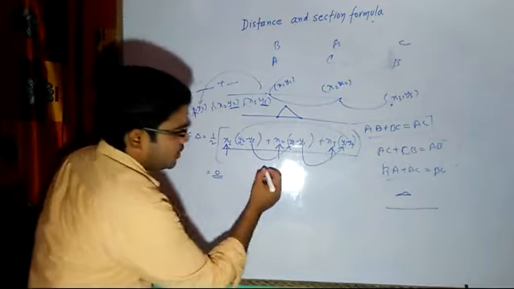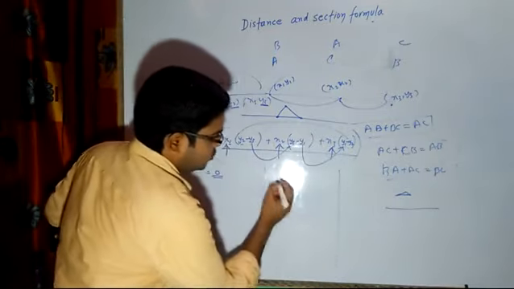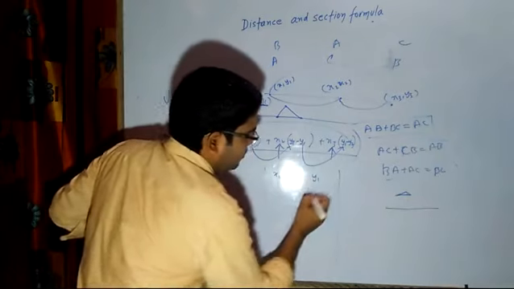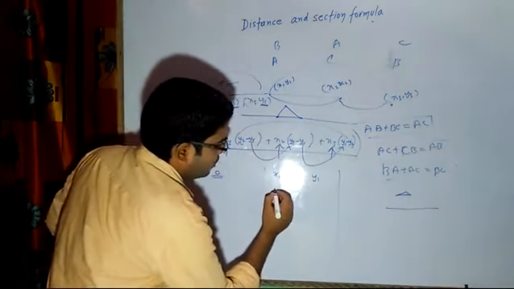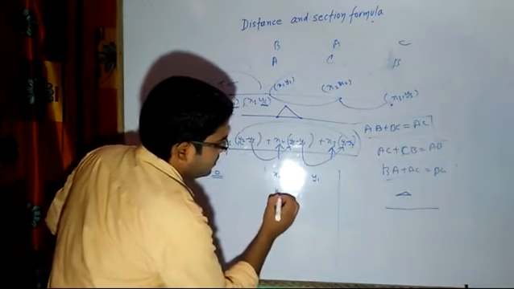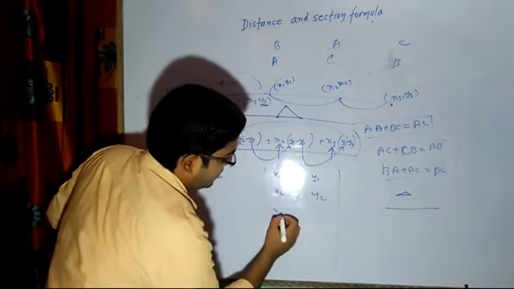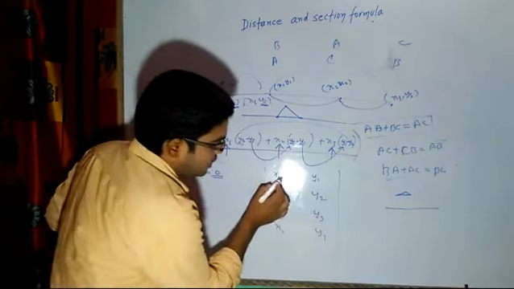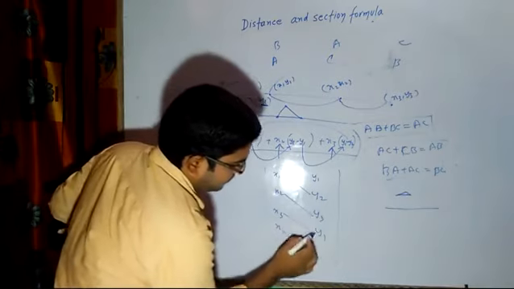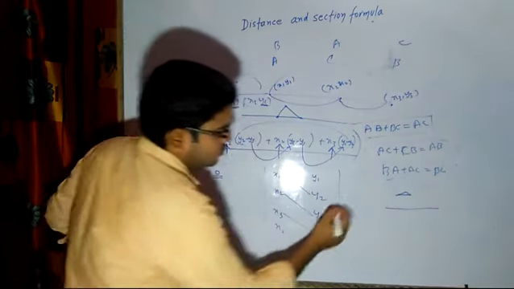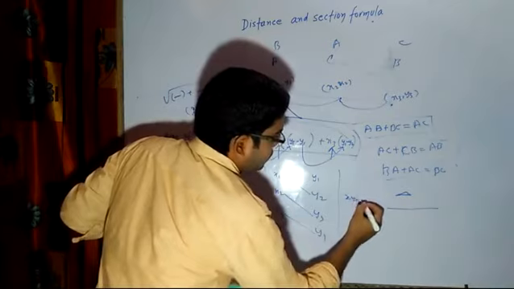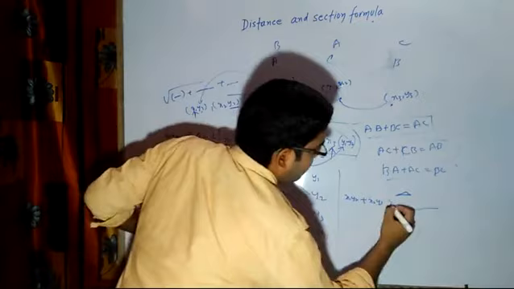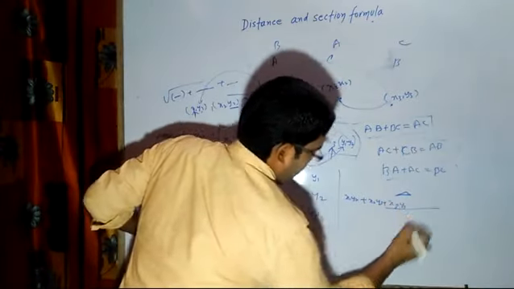Now one more way to remember this formula: whenever you have confusion, write in rough x1 y1, x2 y2, x3 y3, x1 y1, like this. Now you multiply: x1 into y2, plus x2 y3, plus x3 y1.